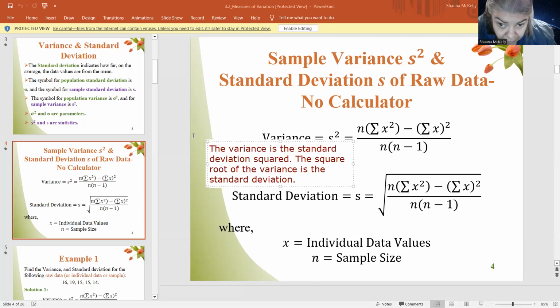There's the content. Or you can write this. You can say S, which is the standard deviation, is the square root of S squared. All right. So that is the relationship between the standard deviation and the variance.